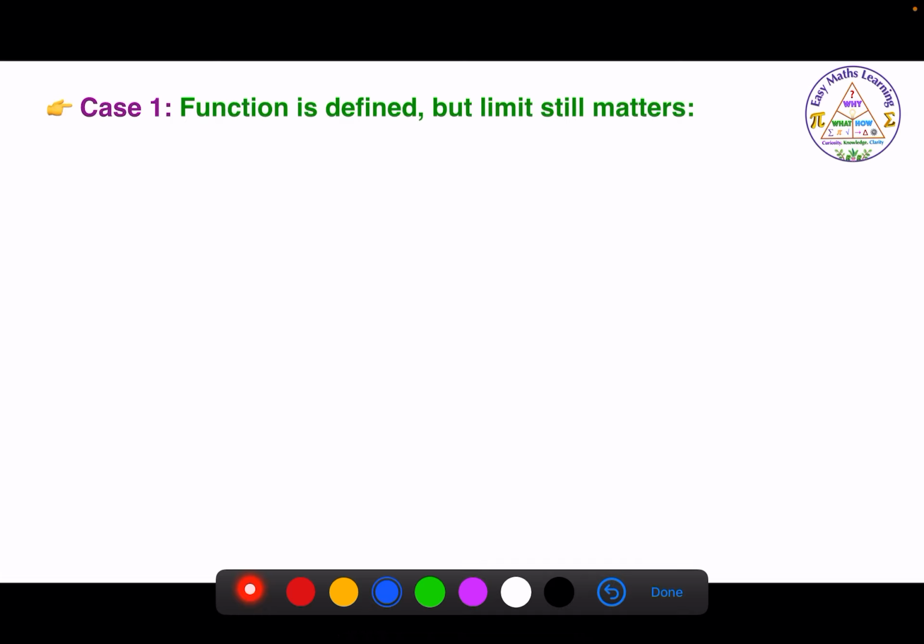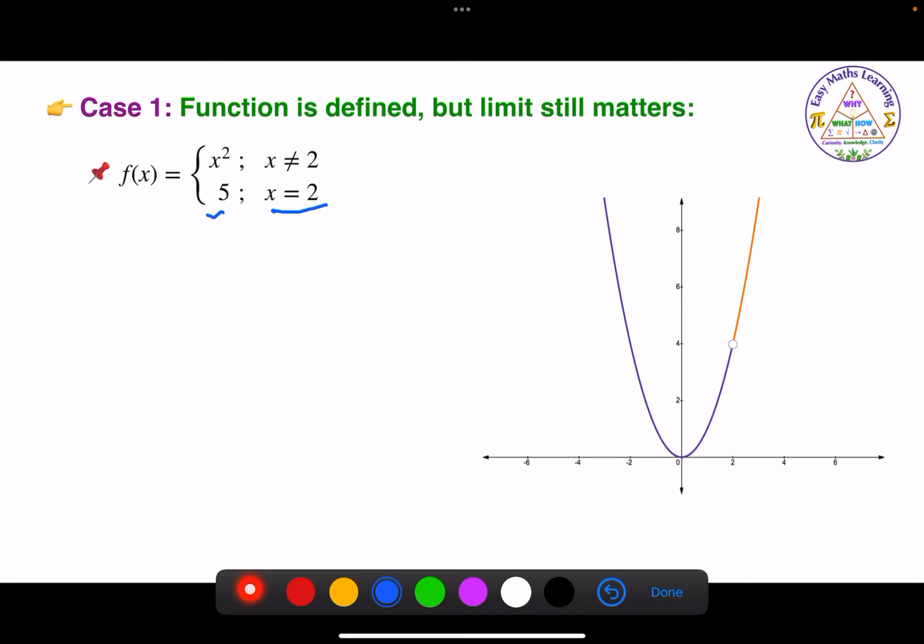Let's discuss two special cases. Case 1, function defined but limit still matters. Okay. So function is x square for x not equal to 2, and at x equal to 2 function value is 5. This is the graph of this function. You can see at 2 the function value is 5.